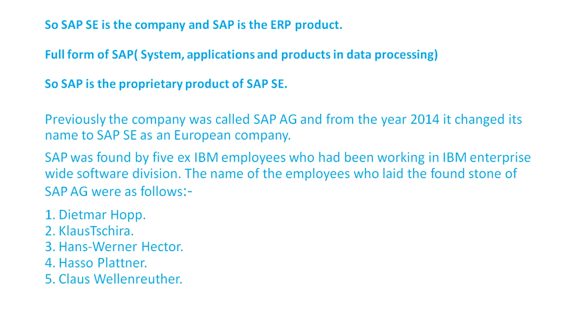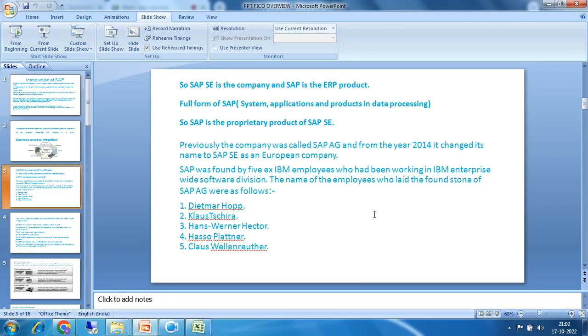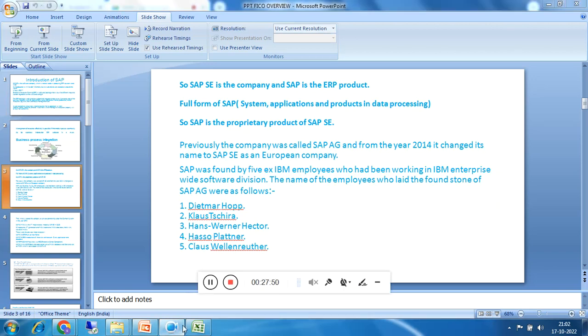And all over the world, so many ERP softwares are there, but SAP is the oldest ERP software, and SAP is the mother of all ERP softwares, because it was started in the year 1972. Only after the 1980s, some more ERP companies came and prepared their ERP software.